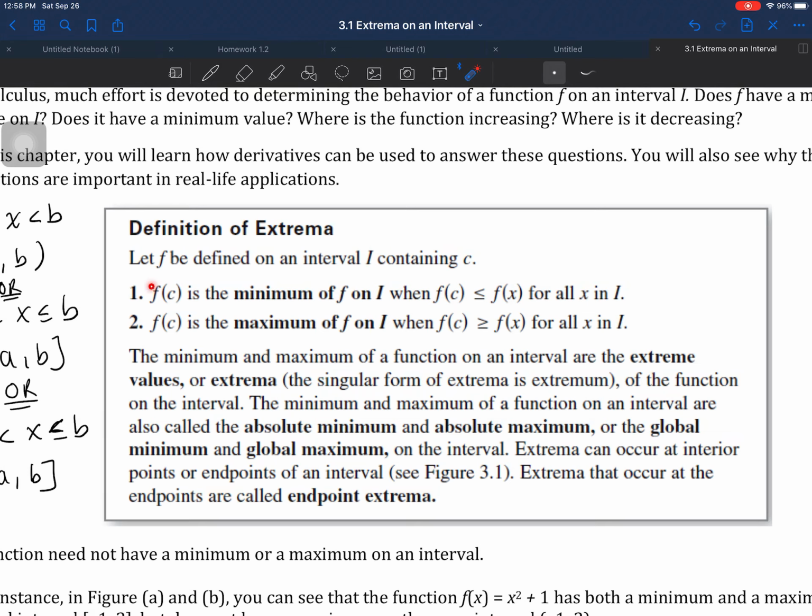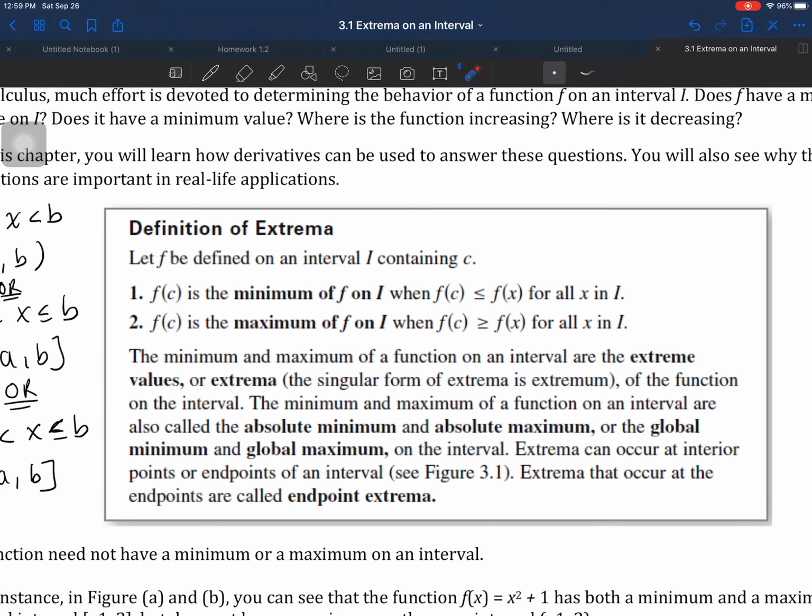f of c, the y value, is the minimum of f on that interval whenever f of c is the lowest point of all values of the function for every x value in I. Meaning that if x represents every number in I, and you find that value in the function, those values will always be higher than this number.